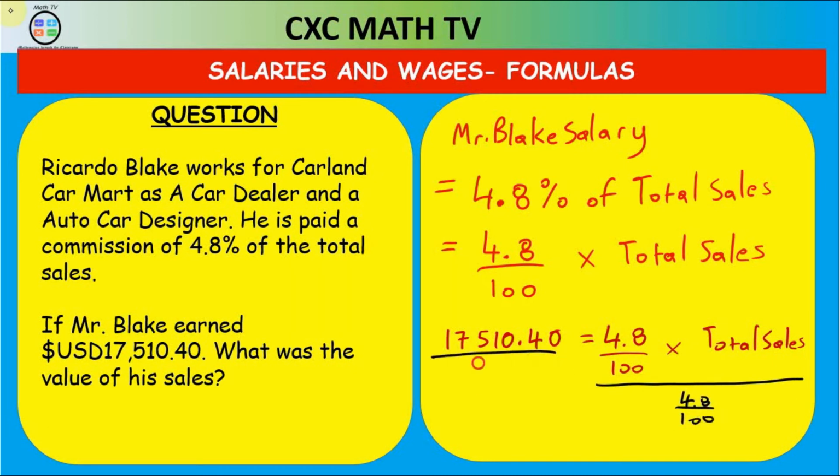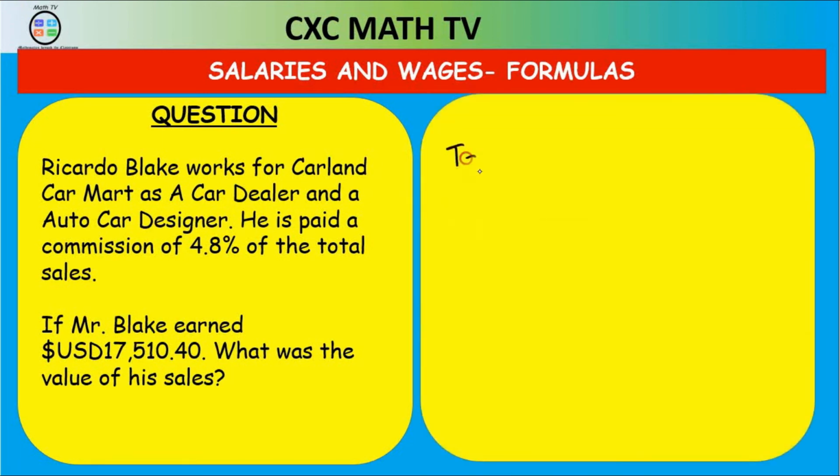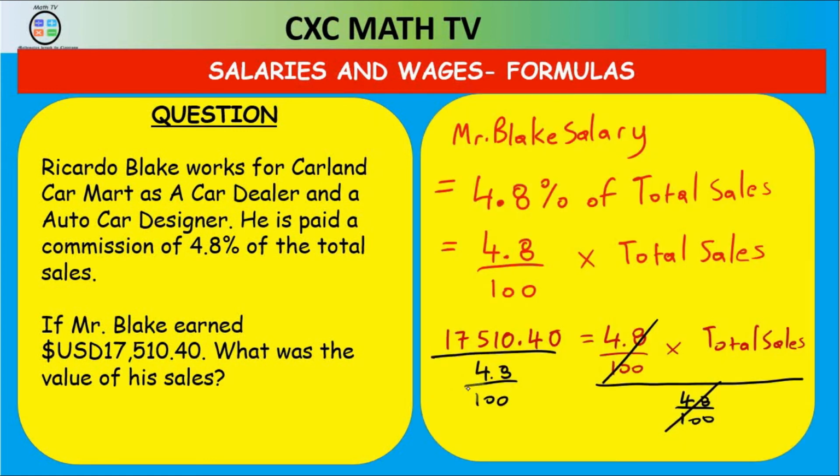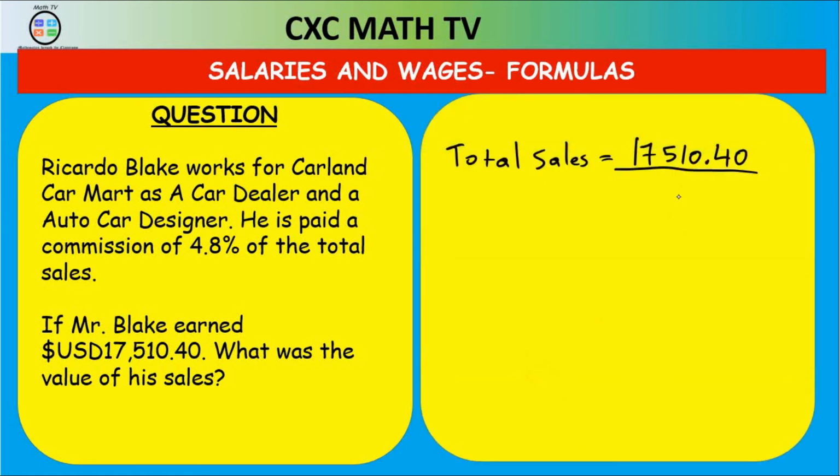And this will cancel this. So now the total sales is equal to 17,510.40 divided by 4.8 over 100.